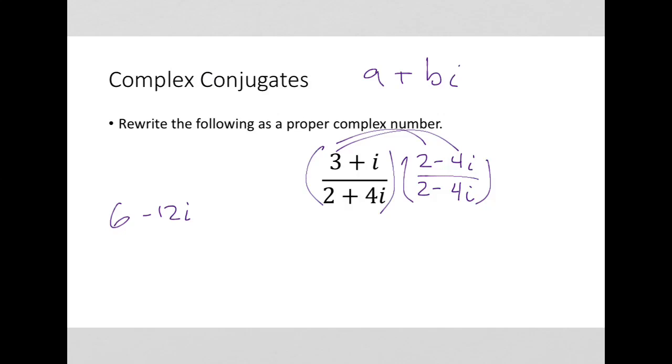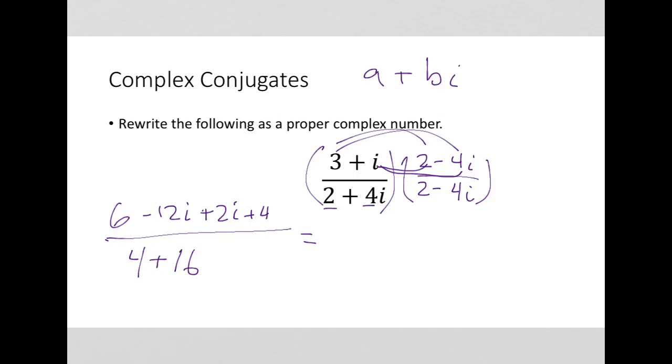I'm going to get i times 2 is 2i, a positive 2i. And I'm going to get i times negative 4i is negative 4i squared, which is positive 4. Notice that i squared is always going to change that sign. And then in the denominator, it's going to be a squared, so 2 squared is 4, plus b squared, and b is 4, so it's going to be 4 squared is 16.